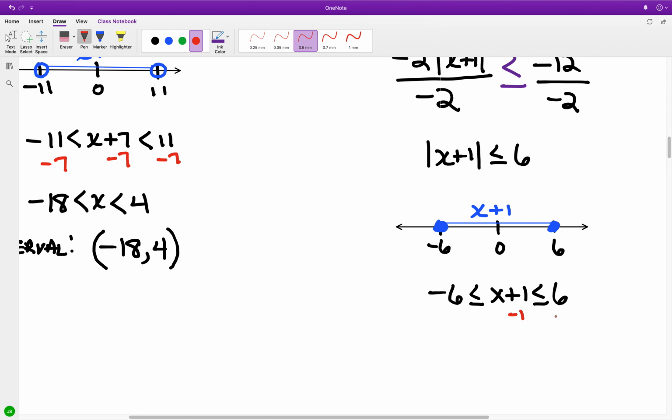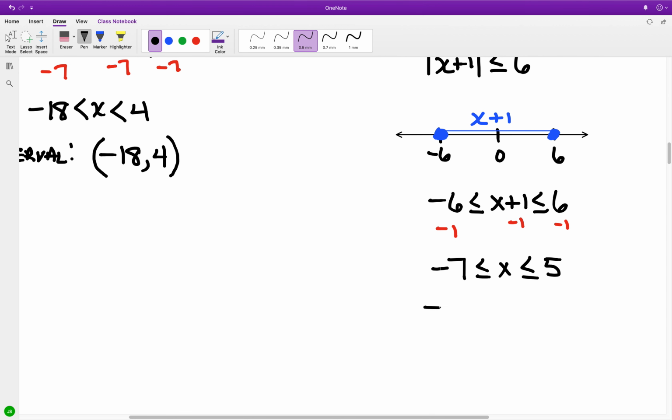And upon taking 1 away from all portions, in the inequality solution we have negative 7 is less than or equal to x, which in turn is going to be less than or equal to 5. And so with our interval solution, with negative 7 and 5, we have the enclosure of brackets.